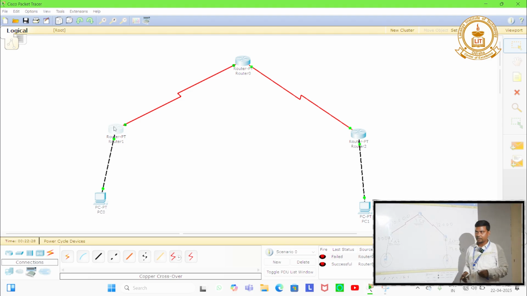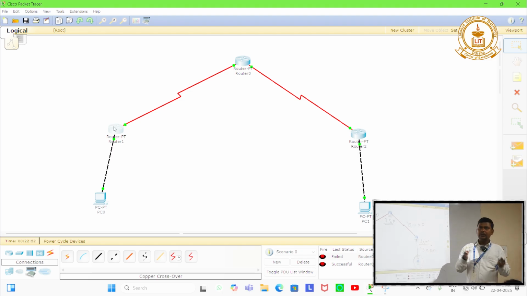There are 4 networks. First we configure the routed protocol. IP is a routed protocol. Then we configure the routing protocol. The main aim of a routing protocol is to connect different networks; one network is connected to another network using a routing protocol.